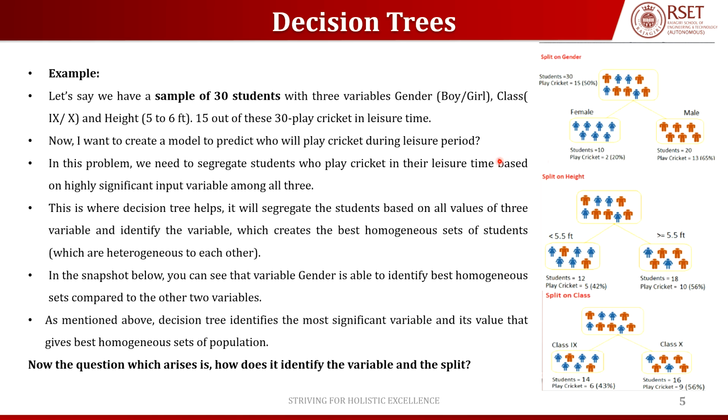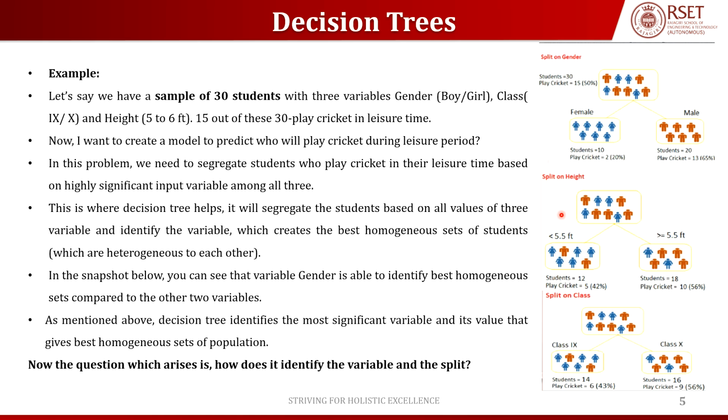So if you look at the diagram, you can see that splitting on gender gives the cleanest separation compared to splitting on height or class. So boys and girls show a stronger difference in cricket playing compared to other variables. So the decision tree identifies gender as the most significant variable for the first split.